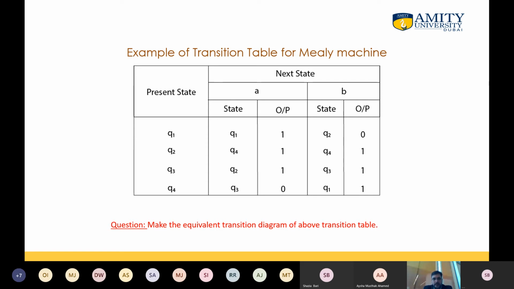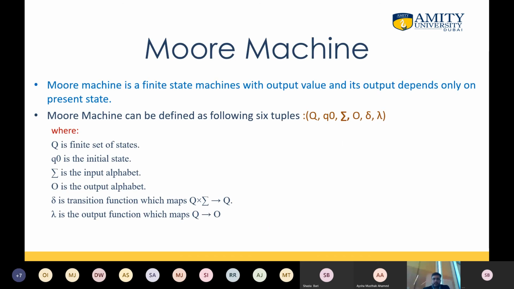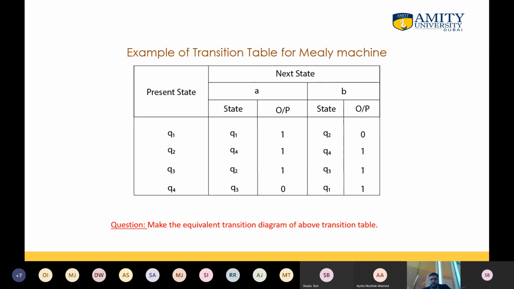Like Q1, input A, you are reaching to state Q1, and output is 1. Same thing Q2, with input A, you are reaching to Q4, output is 1. Q3, with input A, you are reaching to Q2, output is 1. And Q4, with input A, you are reaching to Q3 with output 0.